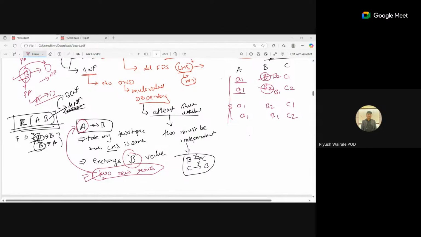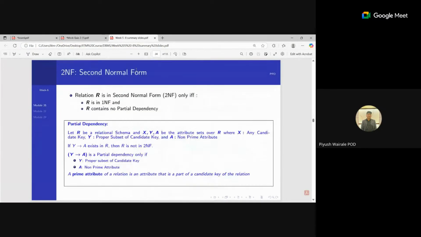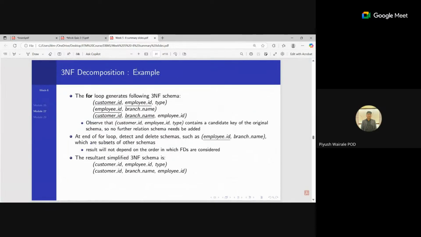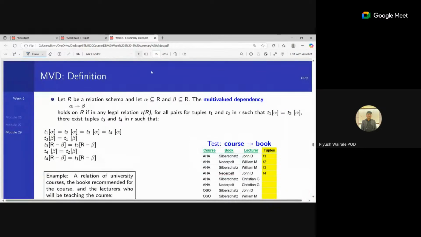We'll verify this one, whatever I'm saying. EPM. Okay. Is this visible? This slide?